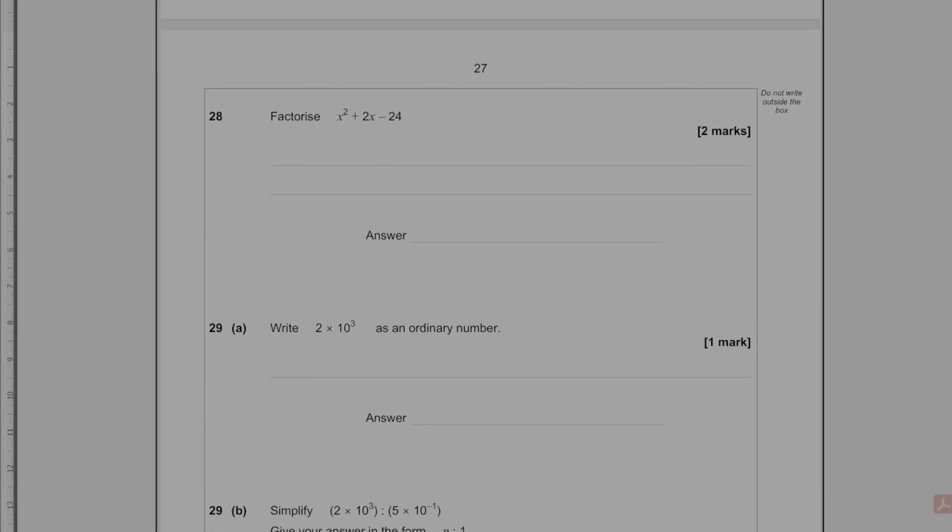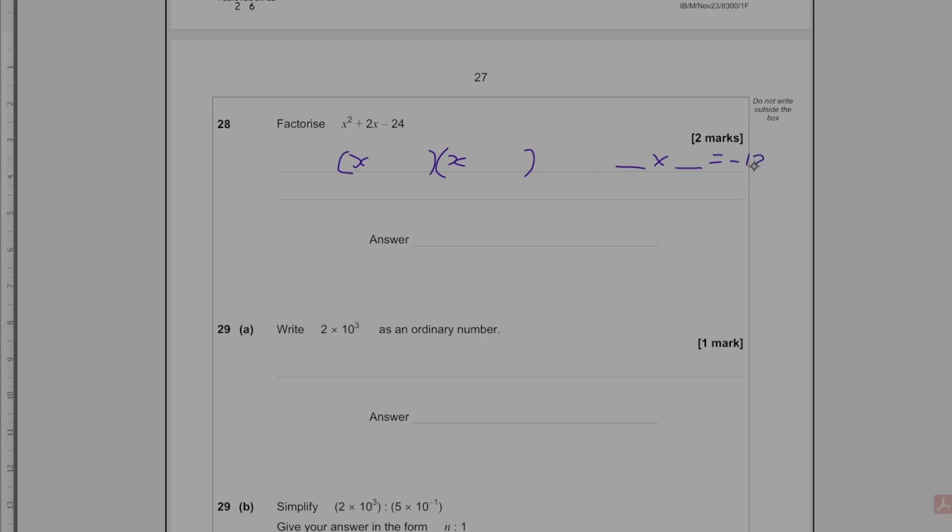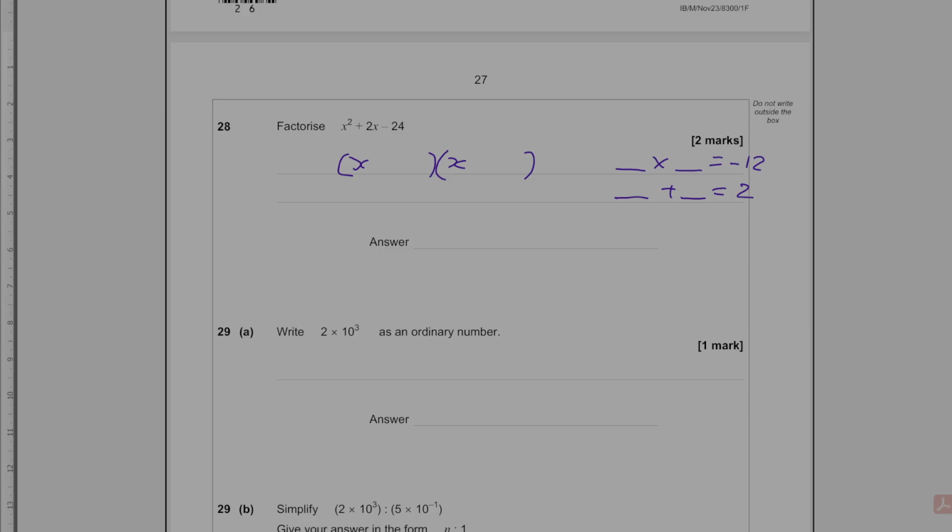Okay, question 28, factorize. That's a nice one. So we're after two numbers. They both will start with x, and then we're after two numbers that multiply together to make -12, and that add together to make 2. So the difference between the two numbers has got to be 2. So we're looking at 24.